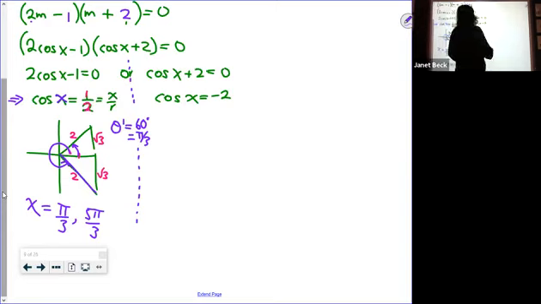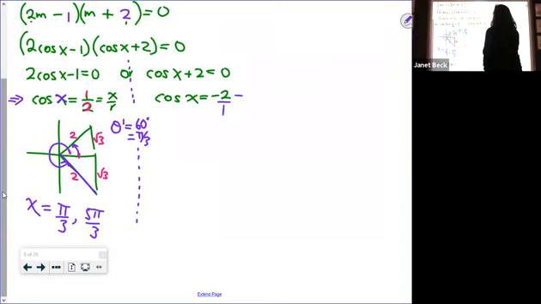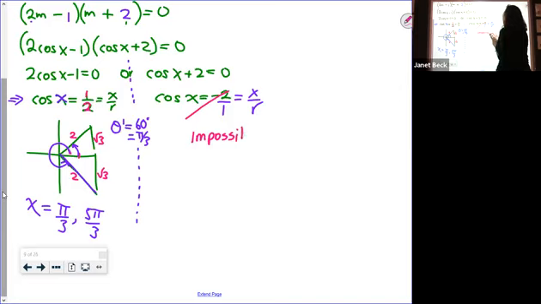And then this one. Well, that's not possible. You can't have the leg of a right triangle be longer than the hypotenuse. That's what we call an extraneous solution. That would be an impossible triangle.